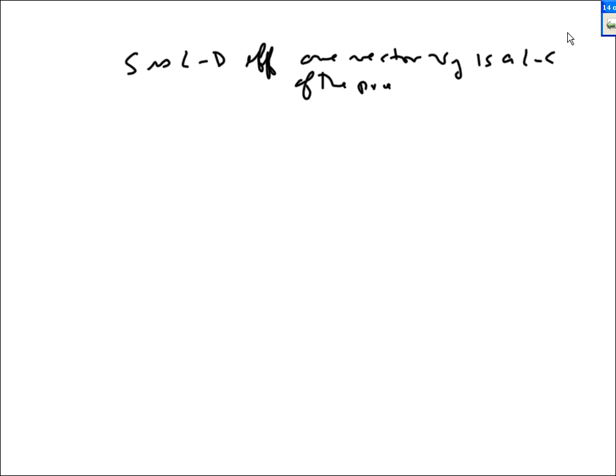Okay, now we have to show this the other way. Remember, we want to show that S is linearly dependent if and only if one vector vj is a linear combination of the preceding vectors.